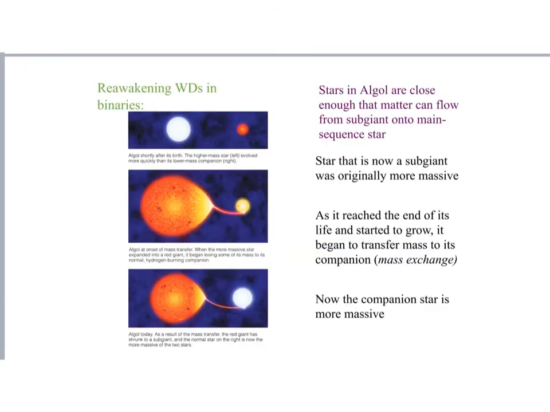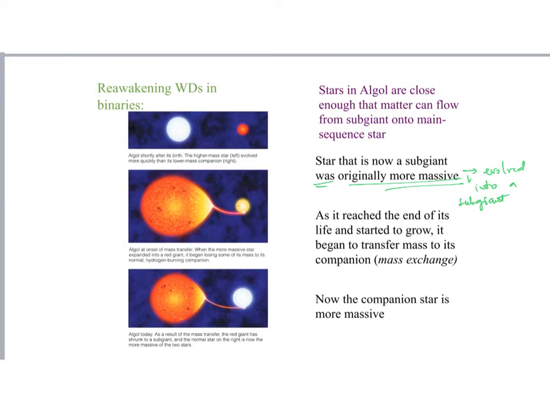Here's what happened actually. So these stars in Algol are actually close enough that matter can flow from one to the other. Okay, so the star that is now a subgiant was actually originally more massive and therefore evolved into a subgiant, as expected, before the lower mass star that was a main sequence.